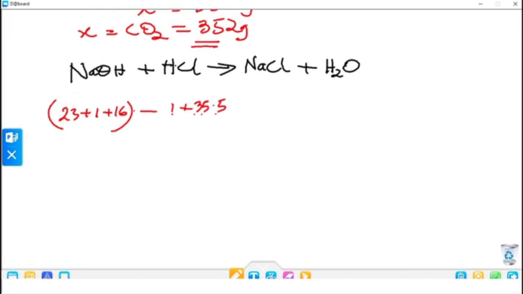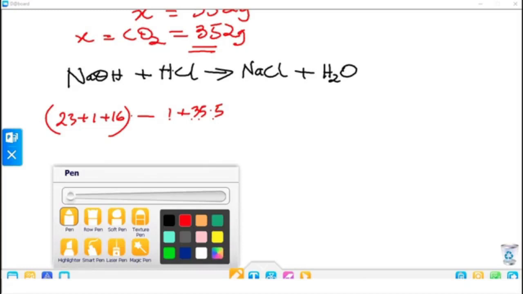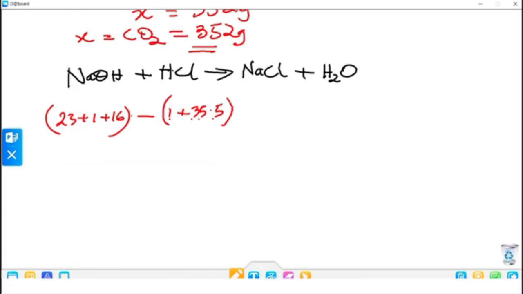So we proceed. Now, to sum this up, 23 plus 1 plus 16 gives us 40. So this is 40 grams. So 40 grams as against HCl. HCl is 1 plus 35.5, that gives us 36.5.